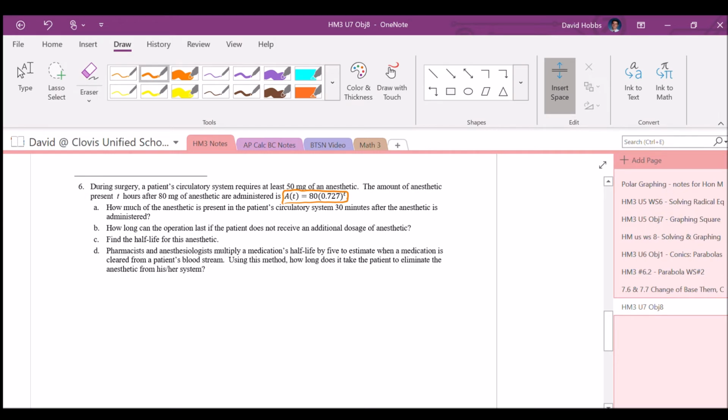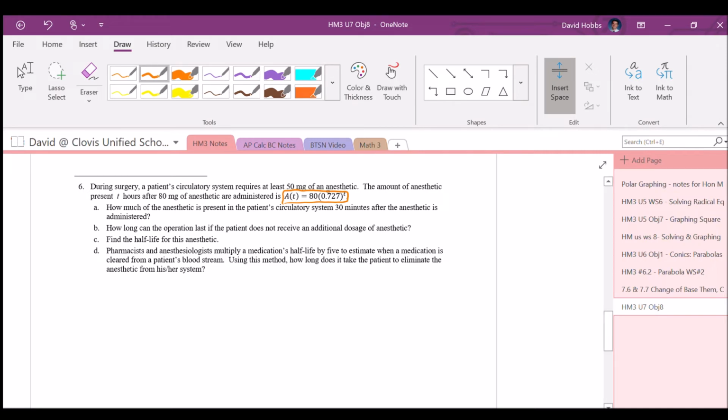If we read the equation, we see that the initial dosage is 80 milligrams. During surgery, the patient's circulatory system requires at least 50 milligrams of anesthetic, or else they start to wake up, and that's not good for a patient to wake up while they're on the operating table.